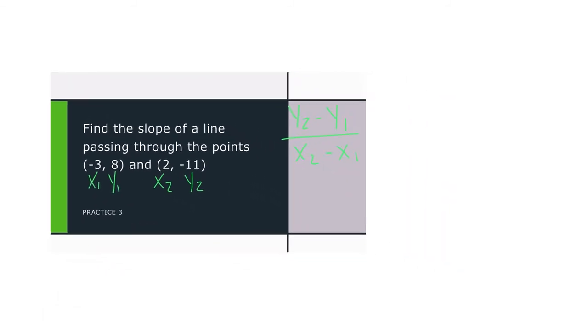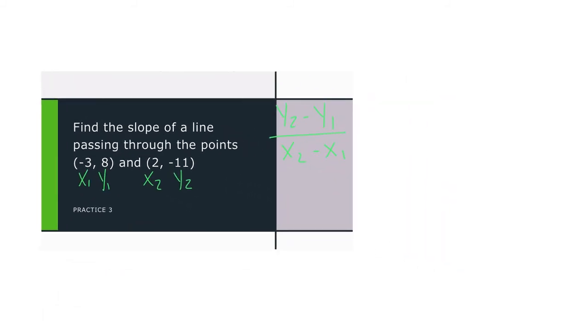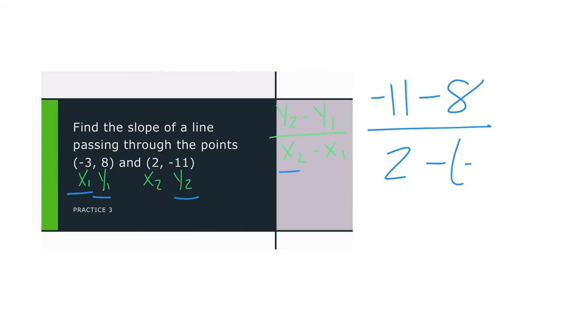All right, so now from here, let's go into those. I'm sorry, that was a little hard to see. So y2 comes first. That's a -11 minus y1 was 8, over x2, x2 is 2, minus x1, which is a -3.